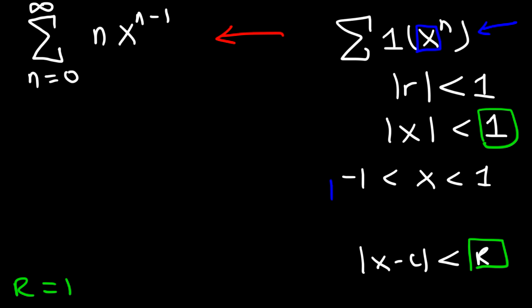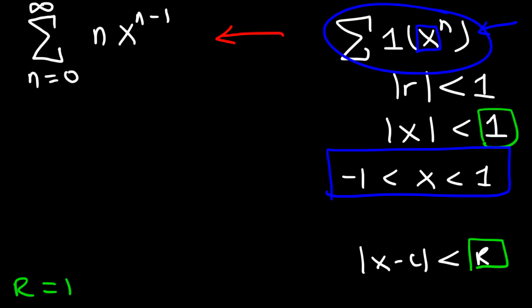Now this is the interval of convergence for the original geometric power series. For the new power series, which was obtained by differentiation, the interval will be very similar. However, the endpoints may change. So we need to check for the endpoints. So let's start with -1.